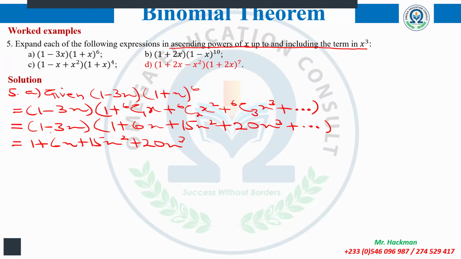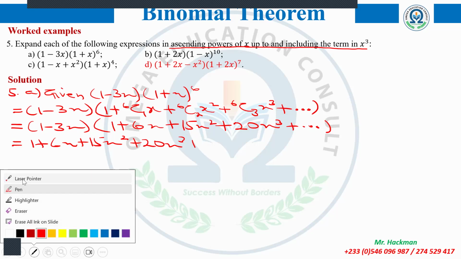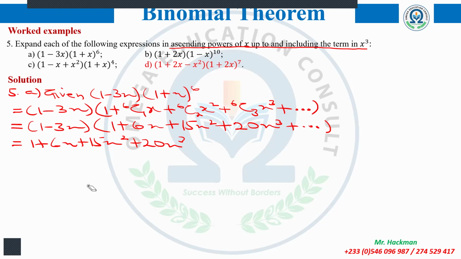Now you multiply all the terms here by negative 3x. So it will be minus, forgive me. Minus 3x times 1 will give us minus 3x. Then minus 3x times 6x will give us minus 18x squared. Am I right?